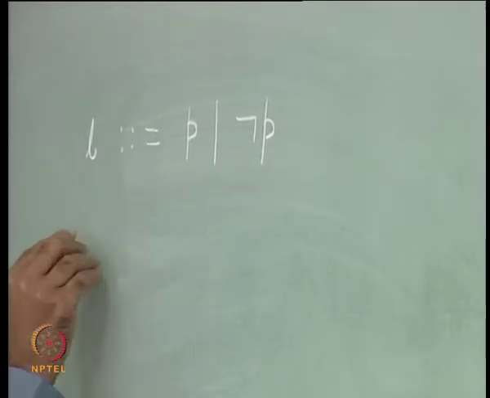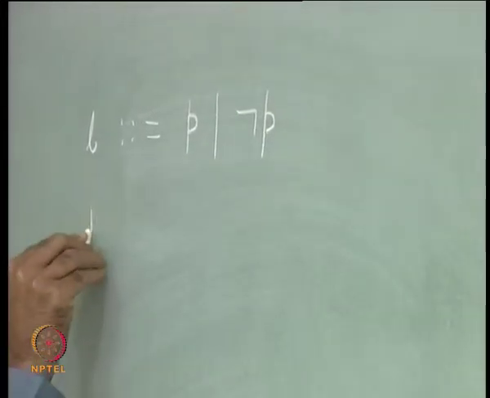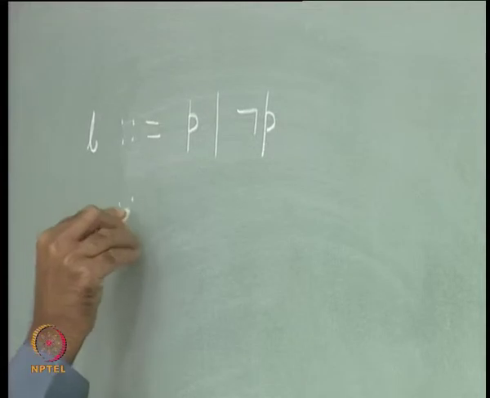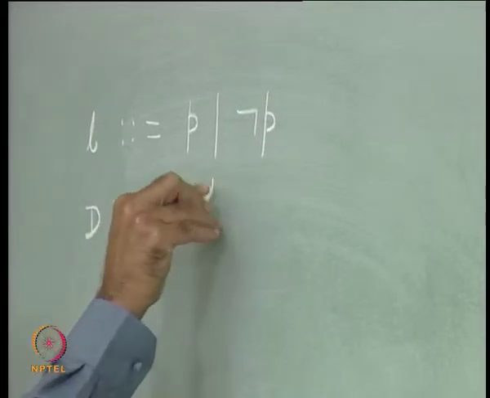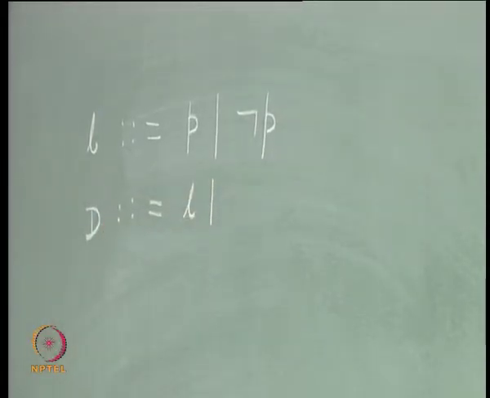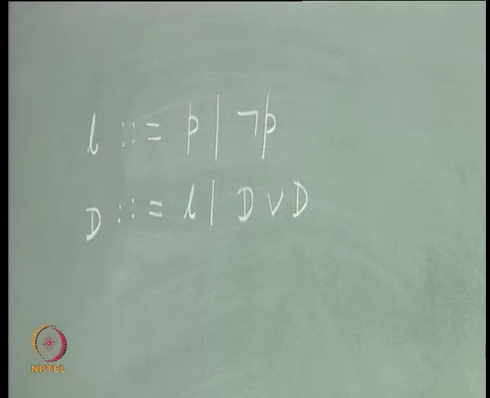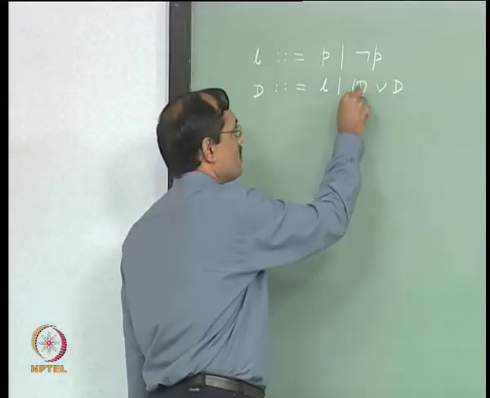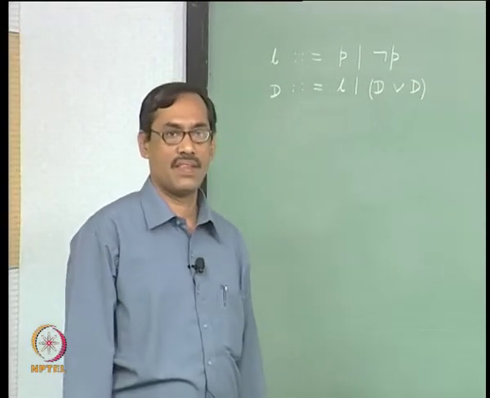Then we come to defining some clauses. So, we say that a disjunctive clause can be a literal or it can be disjunction of two other clauses. So, say D or D. If you are very specific about the grammar, then you have to include a bracket here, parenthesis, okay?